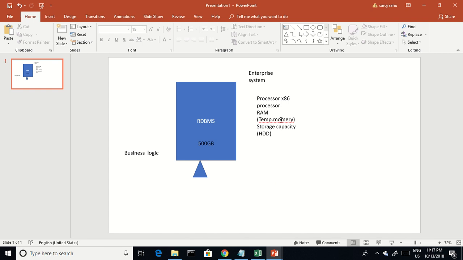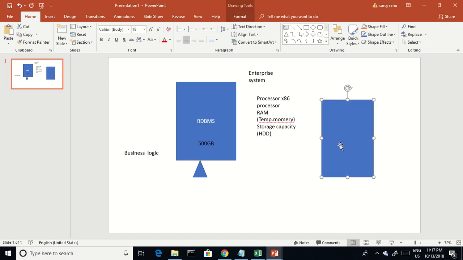So storage as well as processing is a problem in traditional systems. To some extent we can manage storage wise. If you work on the admin side, you can have a SAN storage, so we can give some space from the storage to the RDBMS.